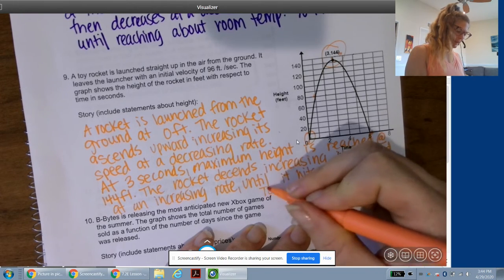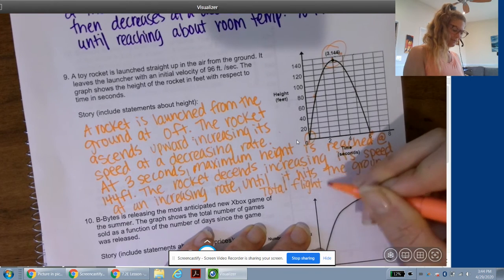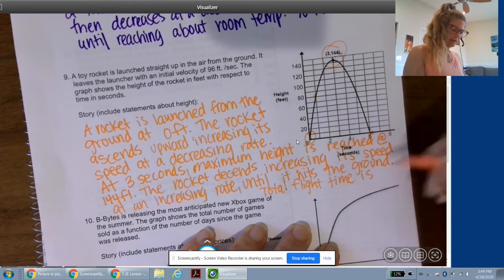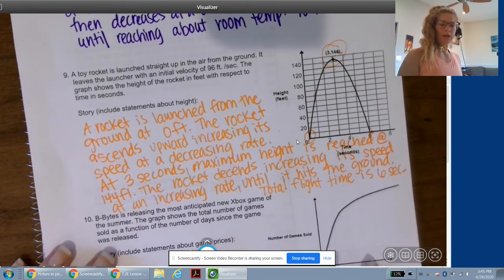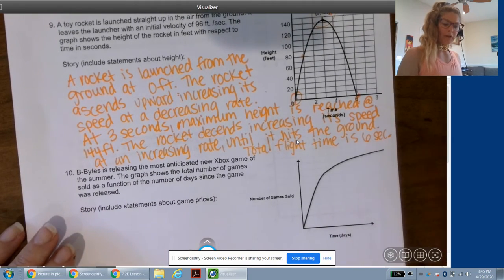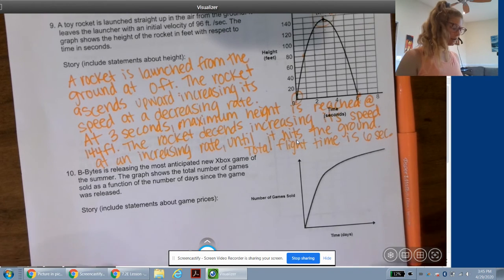Total flight time is 6 seconds. So some really important pieces of information to use when you're talking about the launch of a rocket in that parabolic motion.